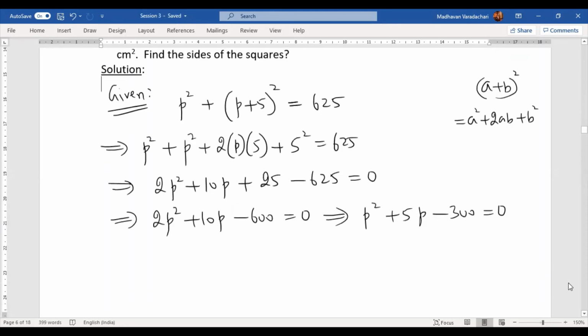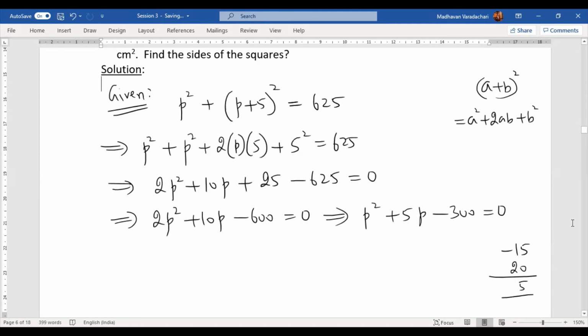So I can think about minus 15 and 20, because if I multiply 20 and minus 15, I will get negative 300. If I add, I will get 5, right?